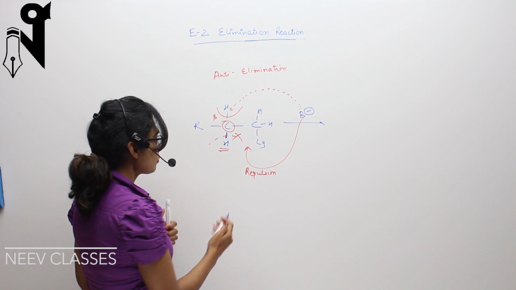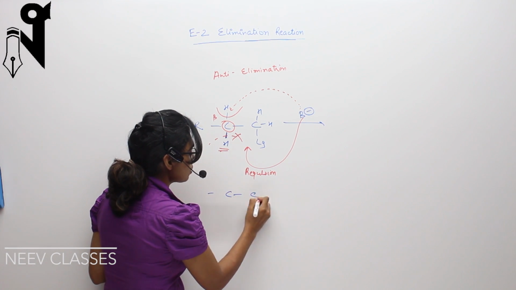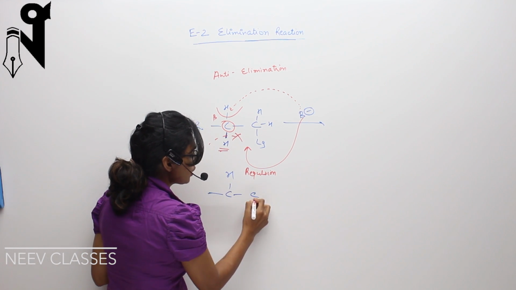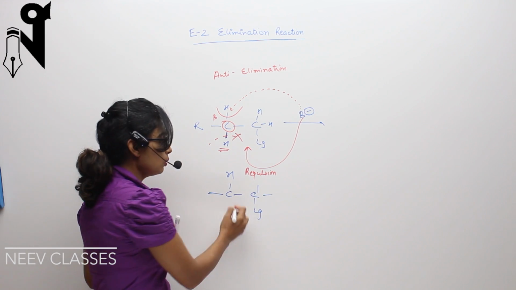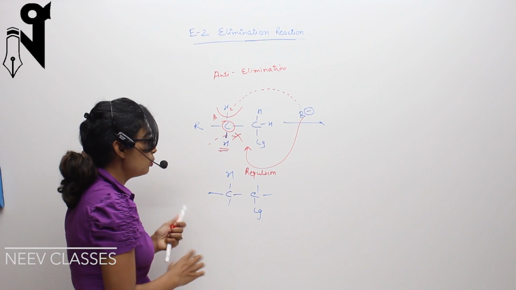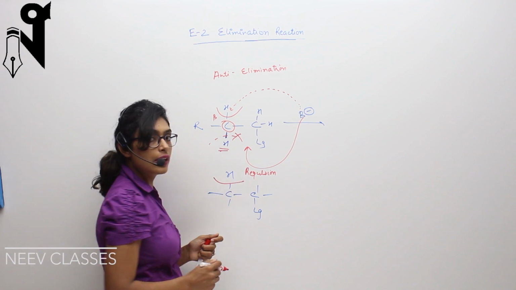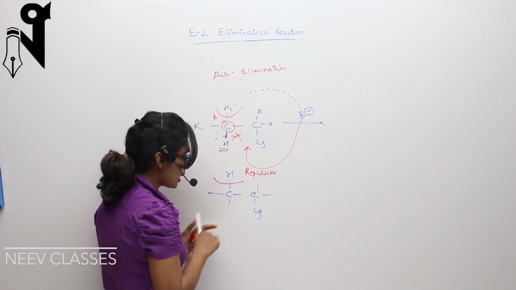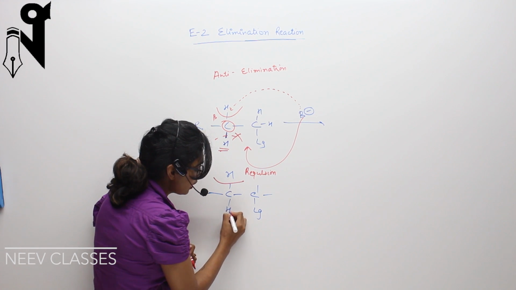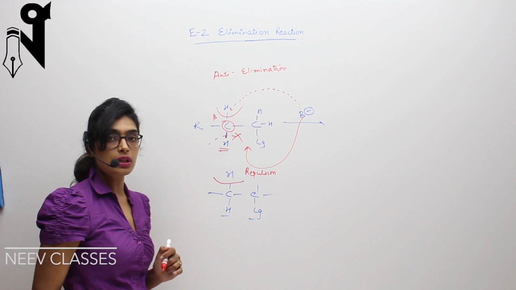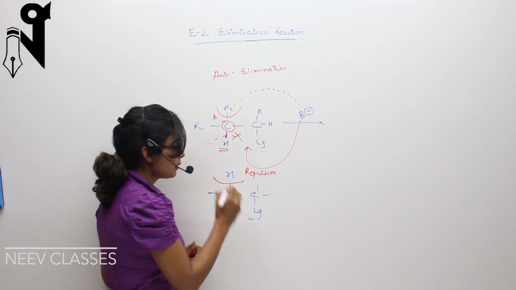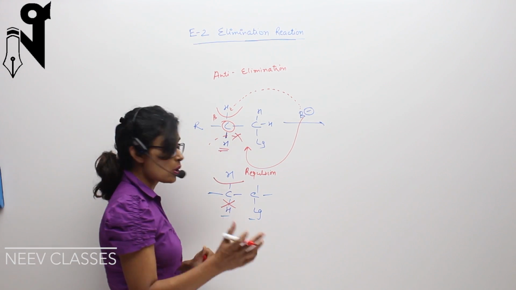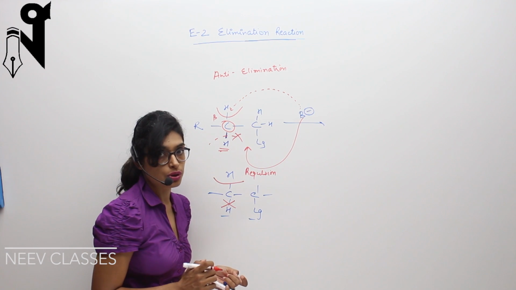So what do we want here? The hydrogen which is present in the opposite position with respect to the leaving group will be removed when a base attacks. The hydrogen which is aligned in the same direction or the same positioning as the leaving group will not be removed by the base.